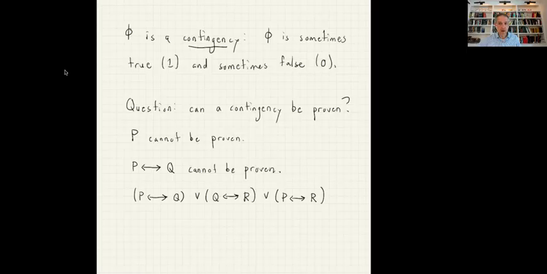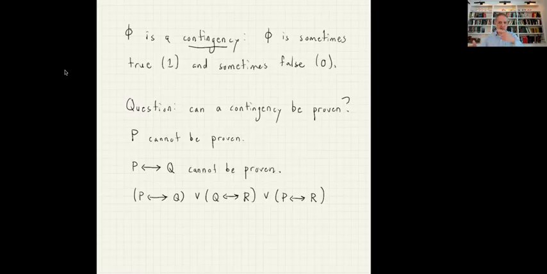So Q and R then have different values. But there are 3 sentences, P, Q, and R. If P has a different value from Q and Q has a different value from R, then P and R have the same truth value. They're either both true or both false. So therefore, the third disjunct is true. So I just argued that if the first 2 disjuncts are false, the third will be true.